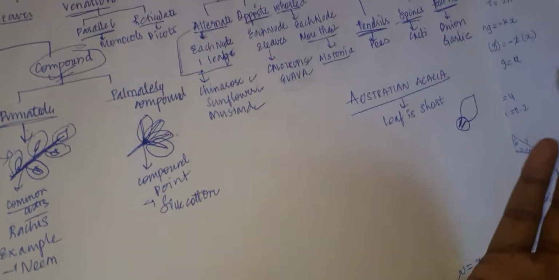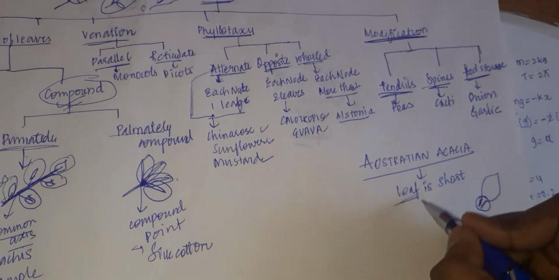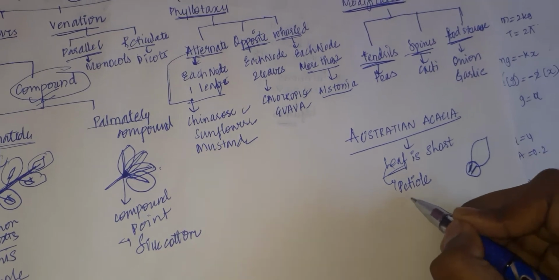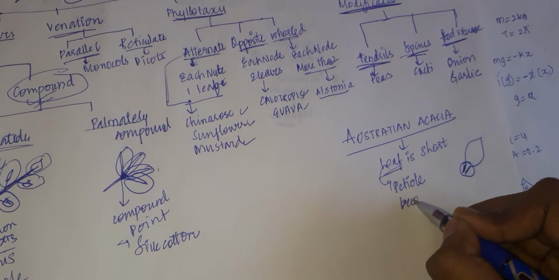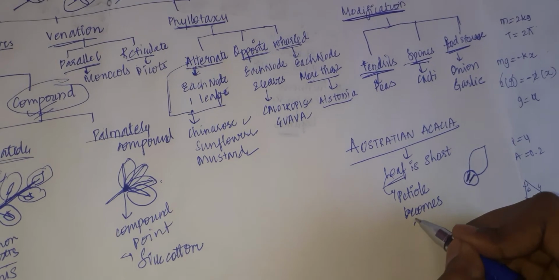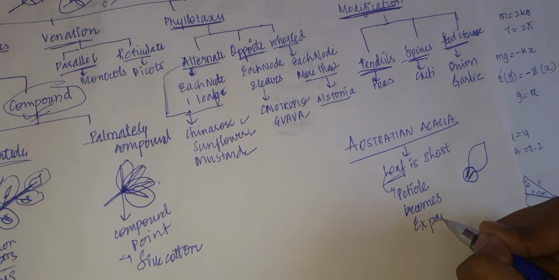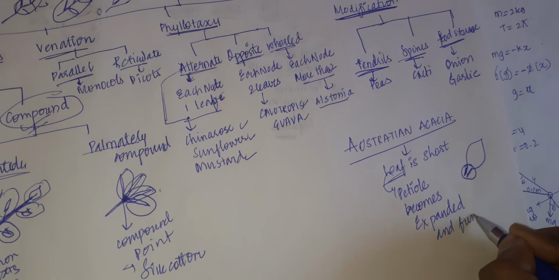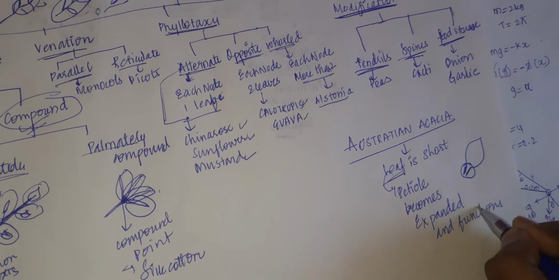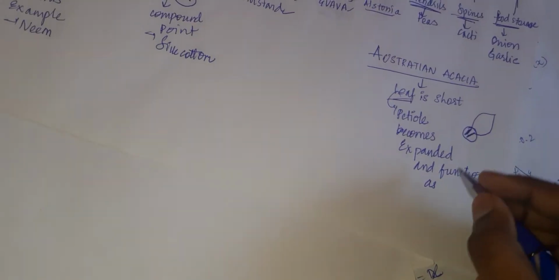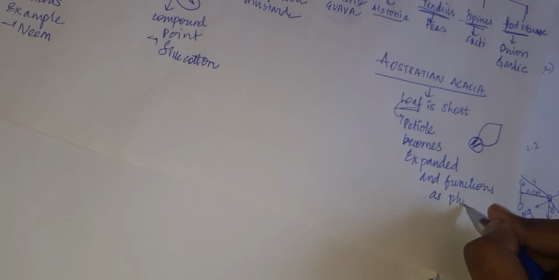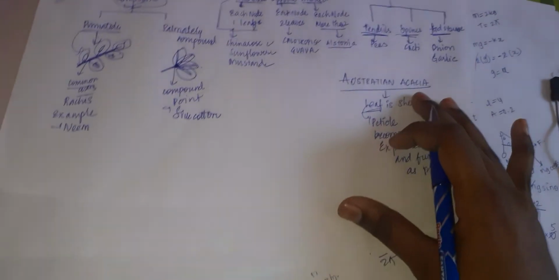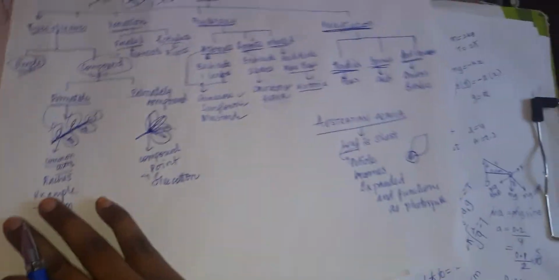So the petiole is going to take the role of the leaf. The petiole becomes expanded and functions as a photosynthetic organ. Okay, so this is leaf.